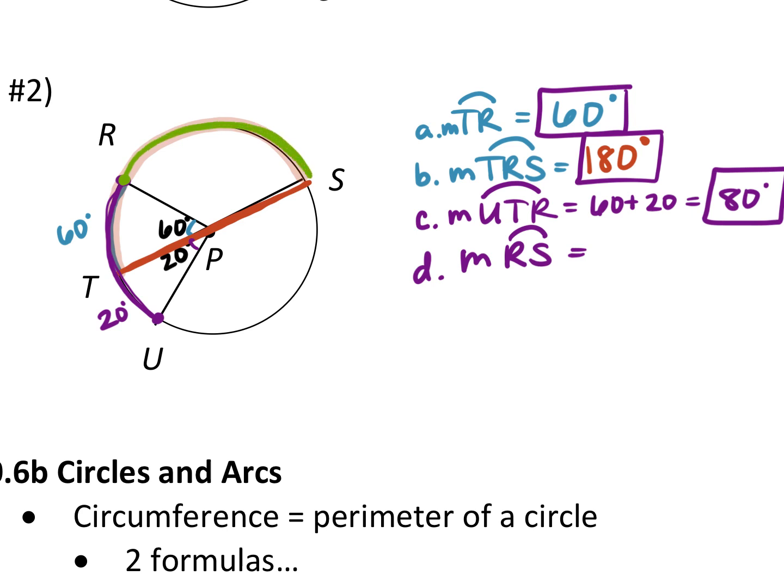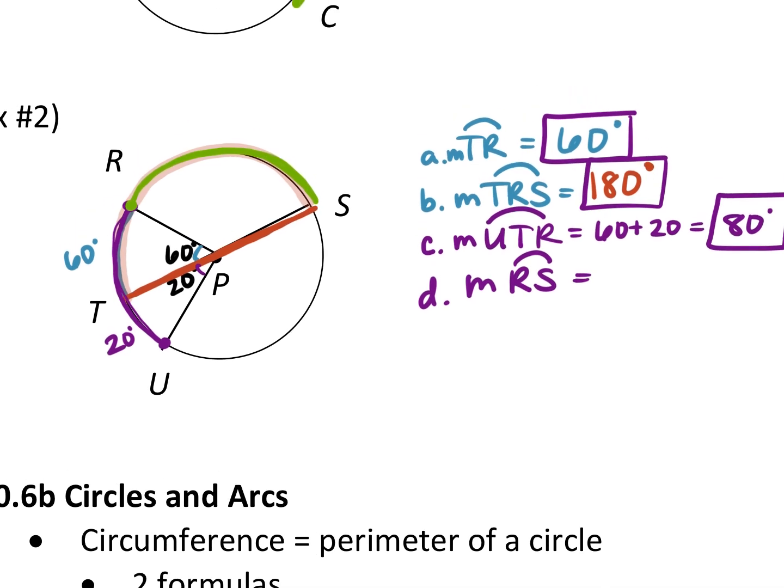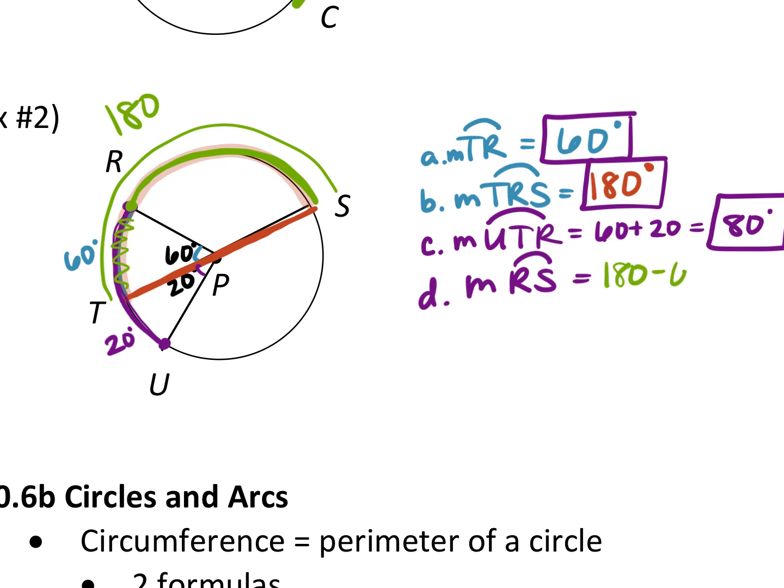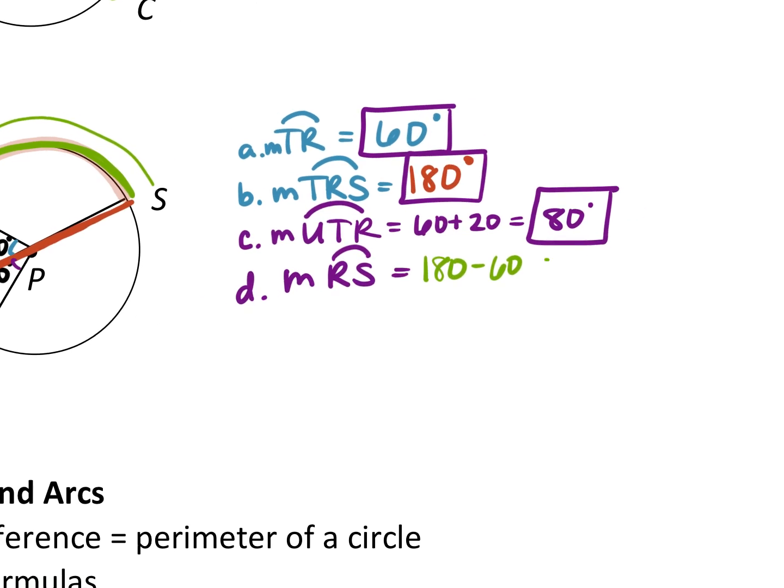So I'm looking for this arc. Well, if I know this big one was 180 and this piece of it is 60, then I go 180 minus 60, and that's 120 degrees. That make sense?